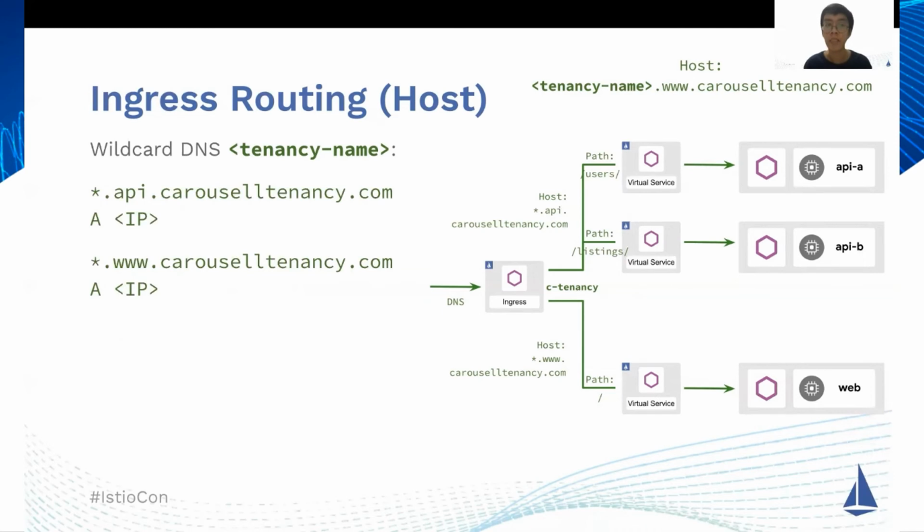Same for *.www.carouseltenancy.com. We just need to point to the same external load balancer IP. So with this setup, we don't need to create a DNS record for every dev environment or tenancy name all the time.